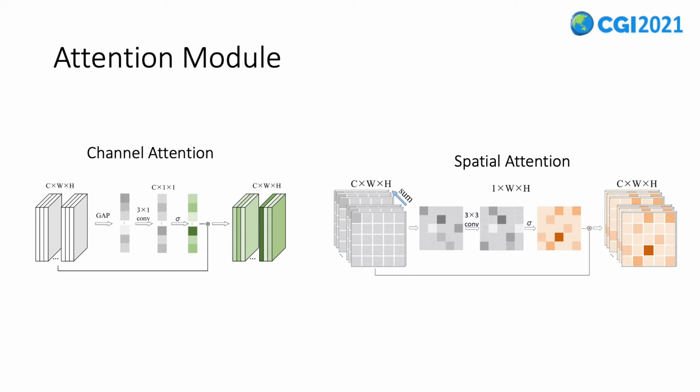Squeeze is achieved by global average pooling to embed global information, while excitation aims to capture channel-wise dependencies. In order to fully capture local cross-channel interaction and make correspondence between channel and its weight, we make all channels share the same learnable parameters.